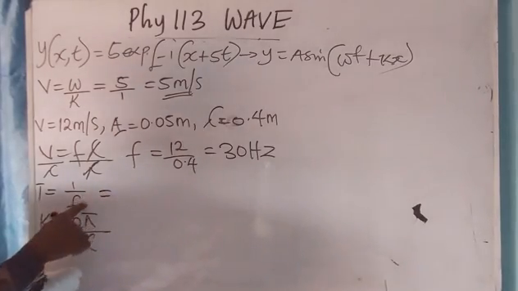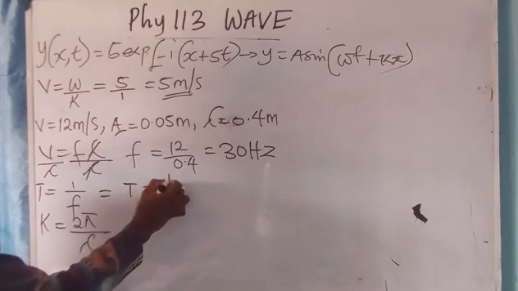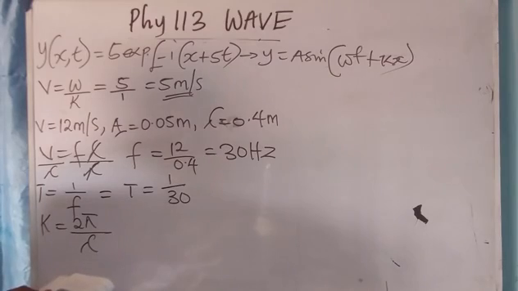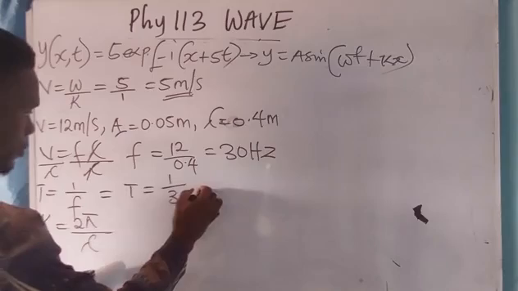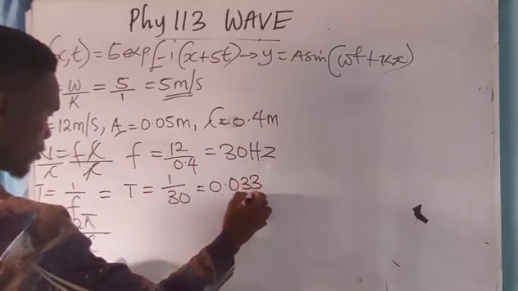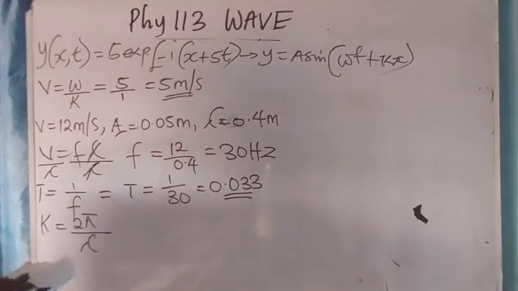Now they say we should calculate the period. I've gotten my frequency to be 30. It therefore means that period is 1 over 30. So 1 divided by 30, I'll have 0.033. That is the period.